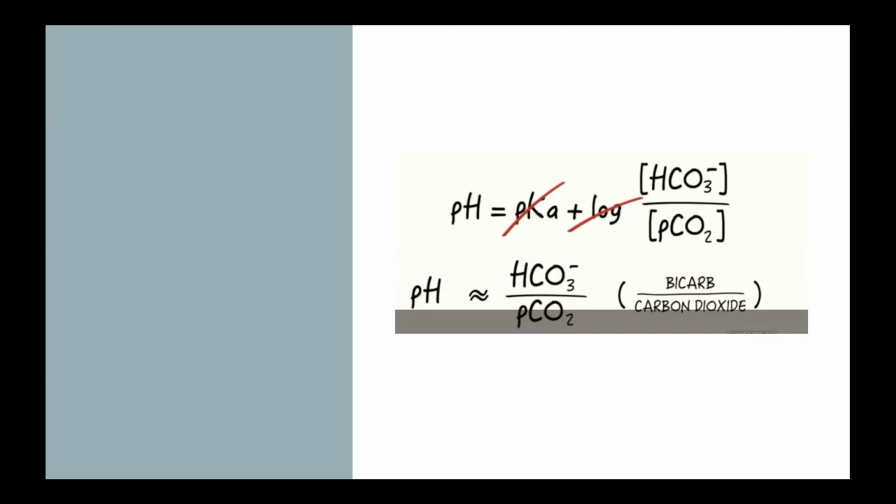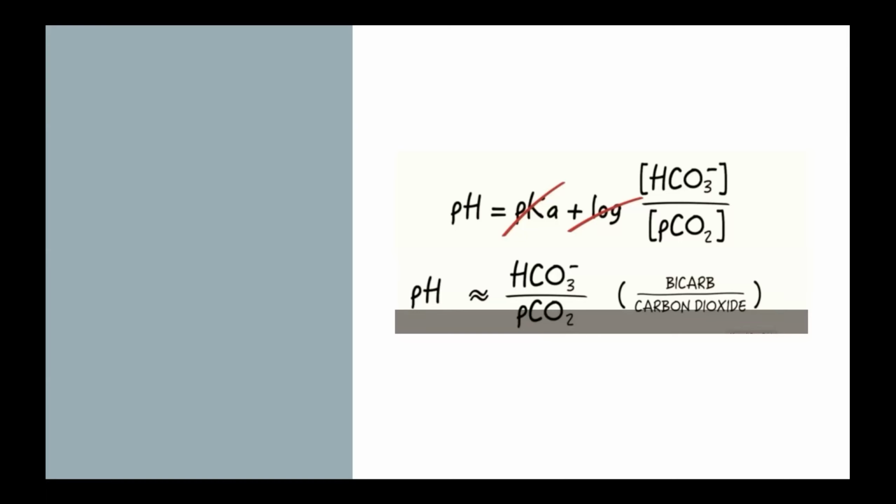If the CO2 goes up, pH goes down. That means if carbon dioxide is retained, pH will go down, and if bicarbonate goes up, pH will go up. So the main things determining the pH are bicarbonate and carbon dioxide. That is a summary.